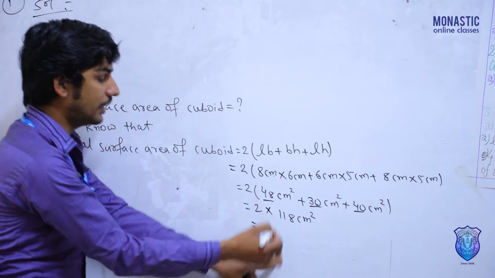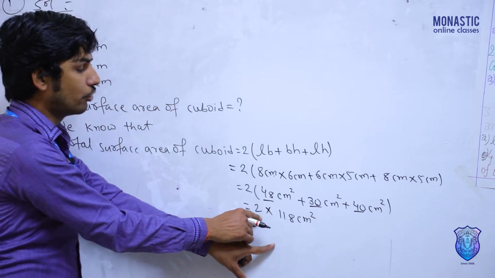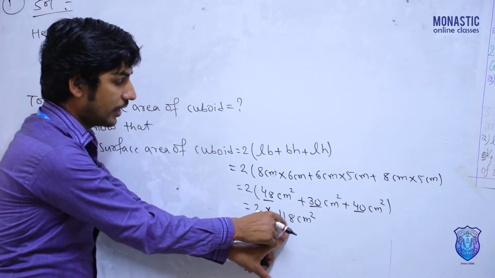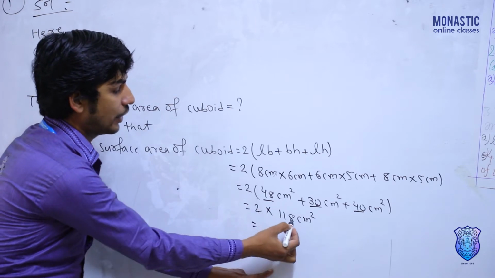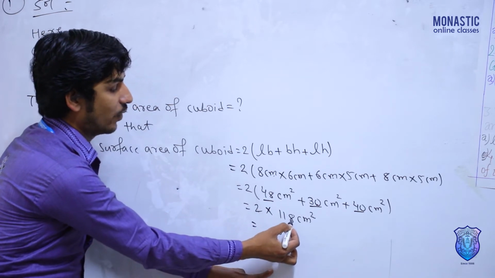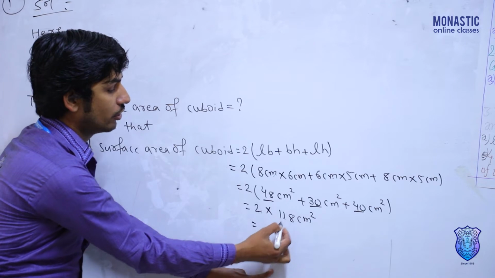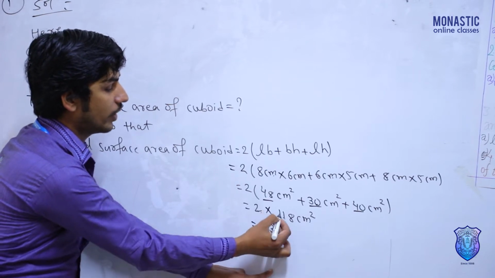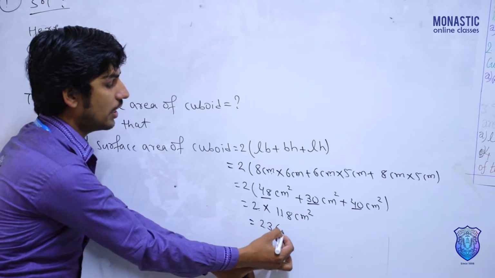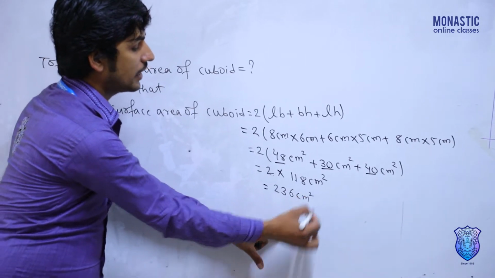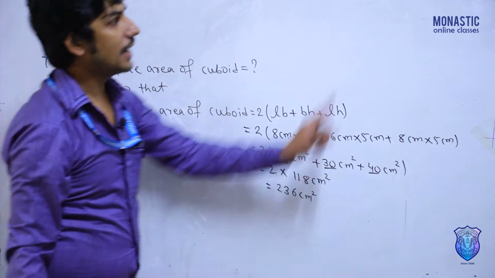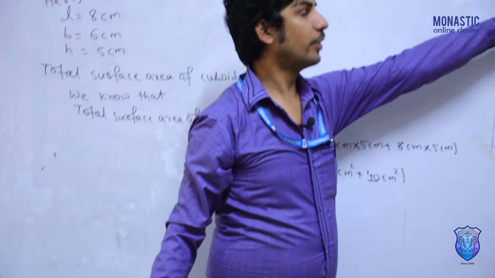Now multiply 2 and 118, and you get 236 square centimeter.